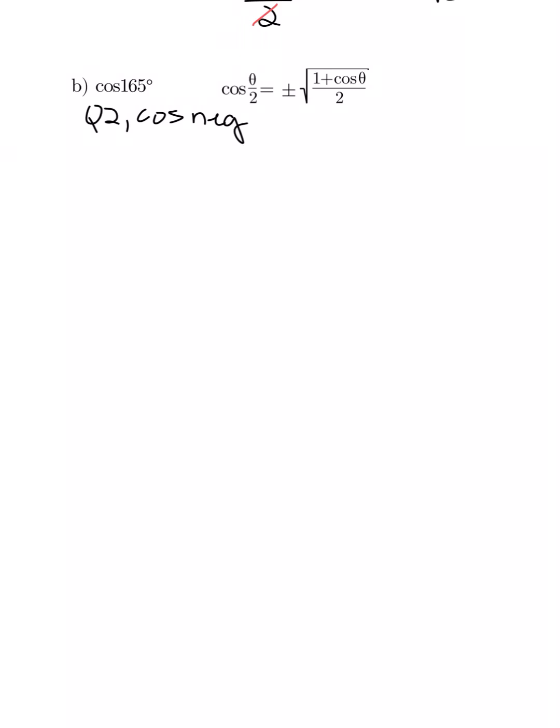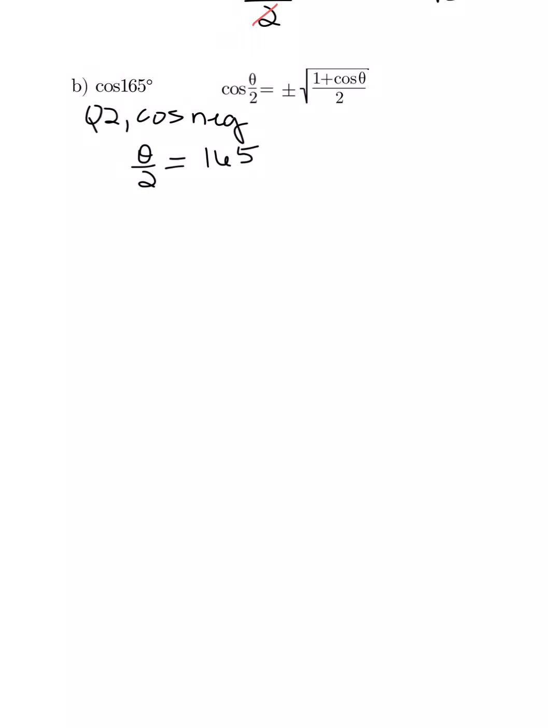The next thing we have to do is figure out what theta should be. We're using this formula because 165 degrees is half of a number that is on the unit circle. 165 itself is not. We're going to go back to the idea of setting up that little equation where we do theta over 2 equals 165.